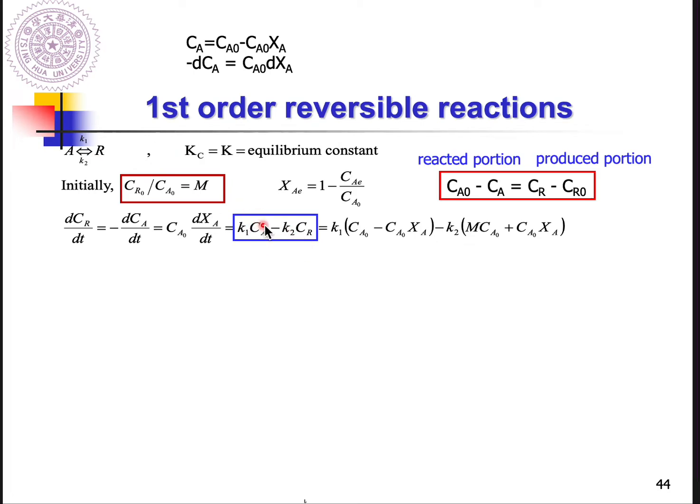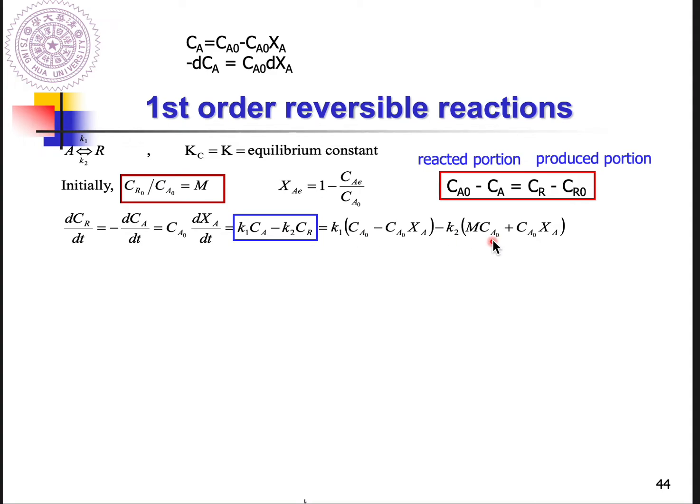So here we want to substitute the Ca and Cr. Ca equals Ca0 minus the reacted portion, Ca0 times Xa, right? This is the reacted portion. And minus K2, and how to express the Cr?